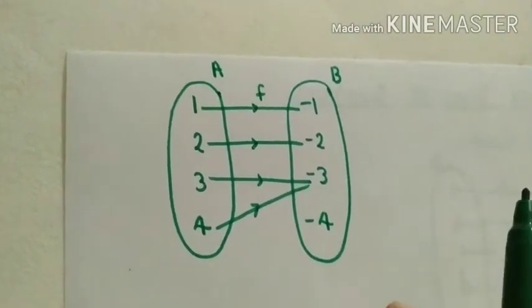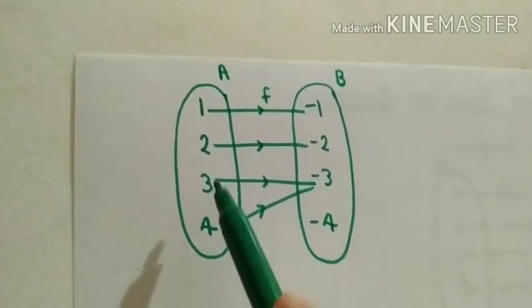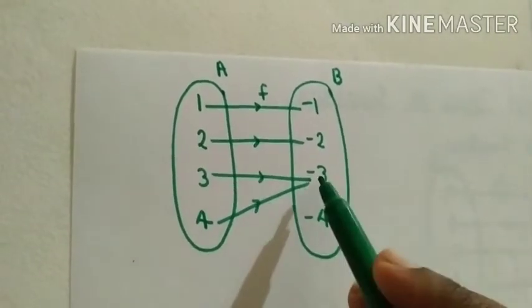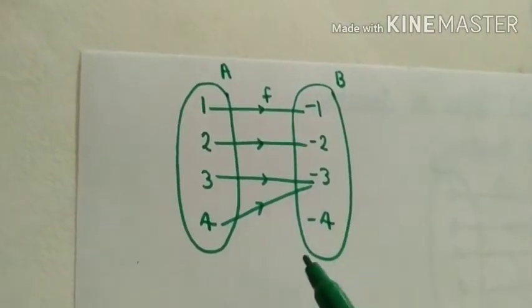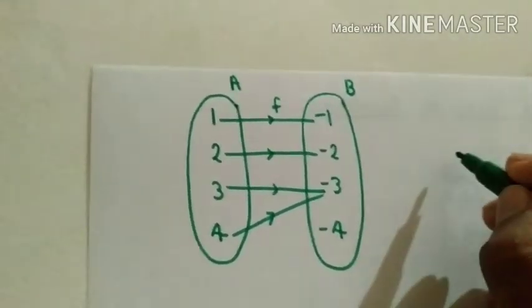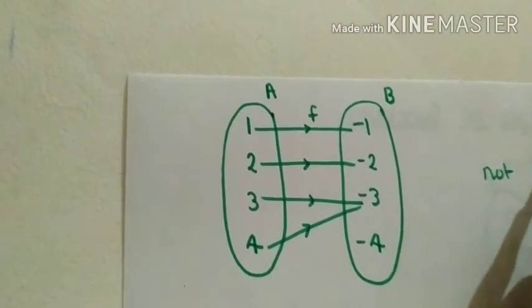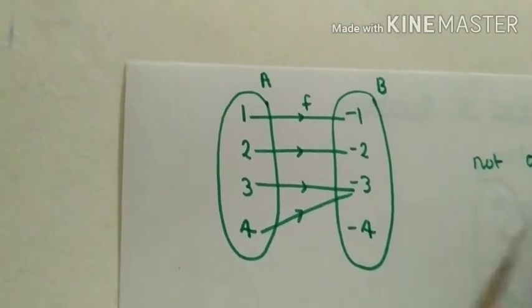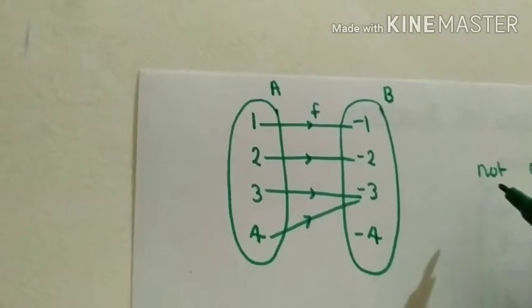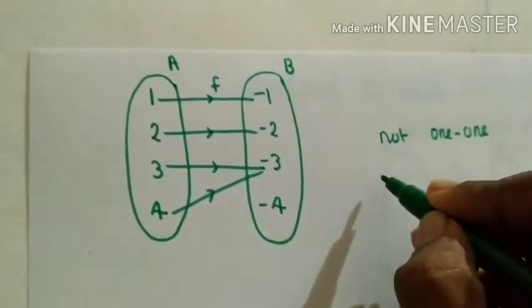Here we can see that the distinct elements 3 and 4 of set A have the same image -3 under the function f. So it is not 1-1, hence the function f is many-one.